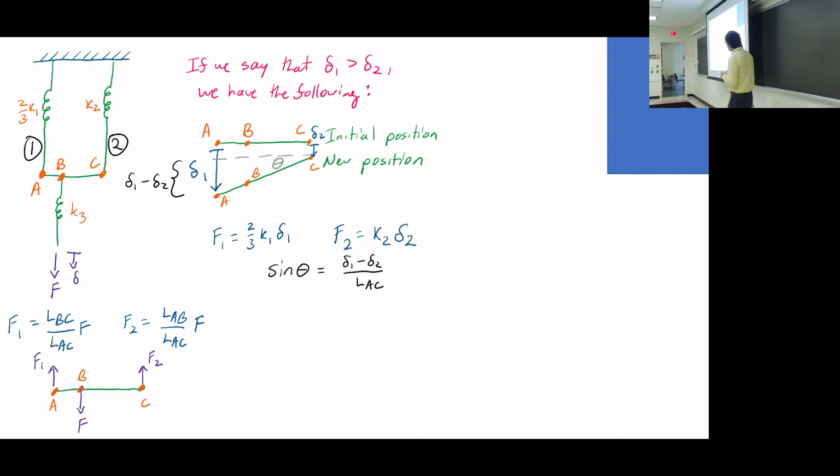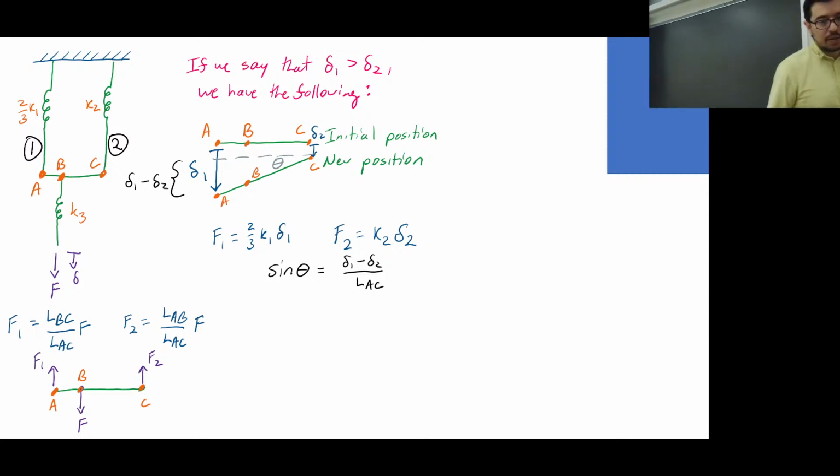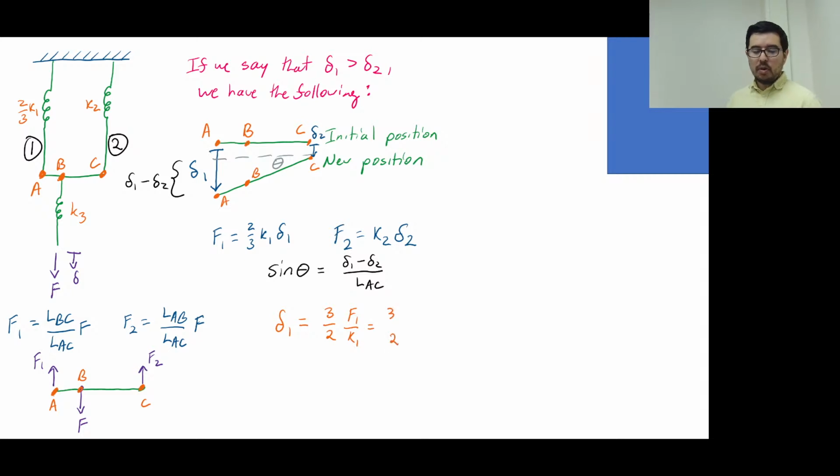And from this point forward, that's probably the hardest part of the problem, to be honest. From this point forward, it's plug and chug. So now delta 1 is equal to this expression. Just rearranging this and substituting this into there, and then we get this.